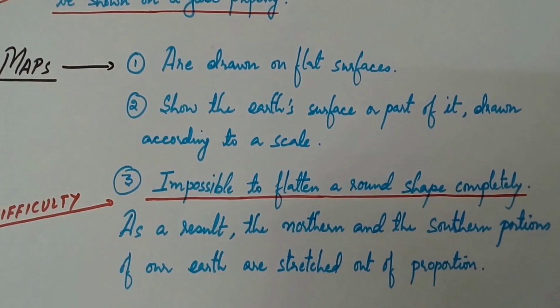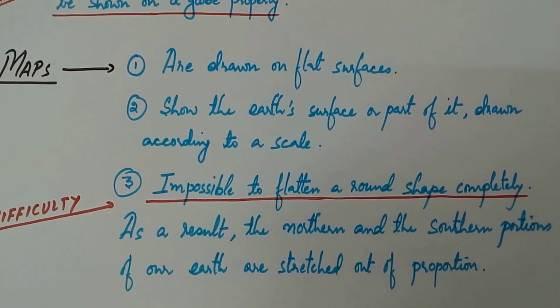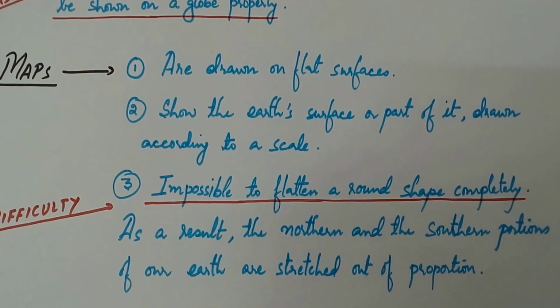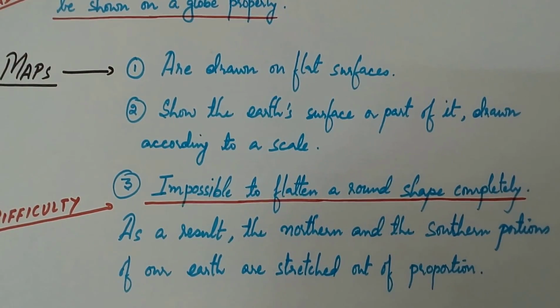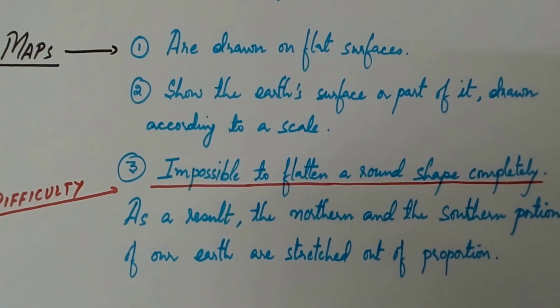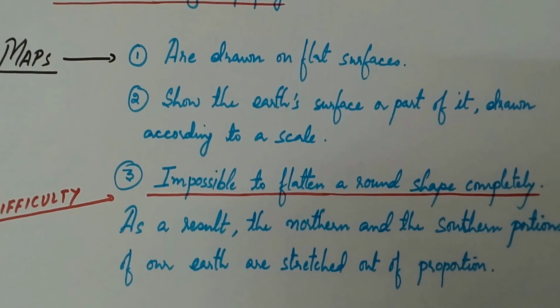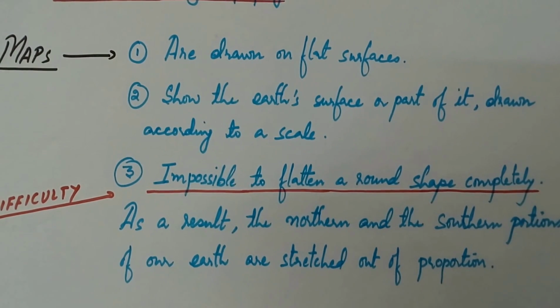Difficulty in drawing maps is that it is impossible to flatten a round shape completely. As a result, the northern and the southern portions of our earth are stretched out of proportion. That means the spherical shape of the earth cannot be drawn on a flat surface very easily.